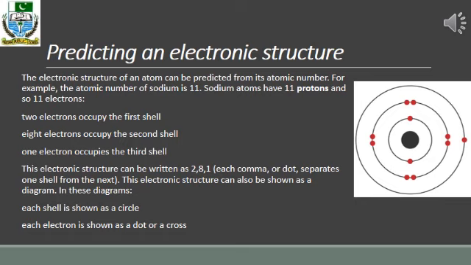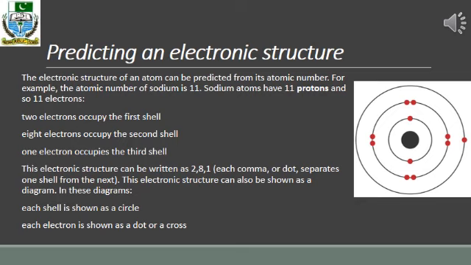In the first shell there are 2, in the second shell there are 8, and in the third shell there is 1 electron. This electronic structure is shown in the diagram. You have to practice the electronic configuration as well as the electronic structure of the first 20 elements according to your syllabus.